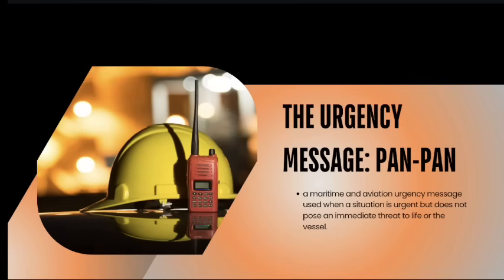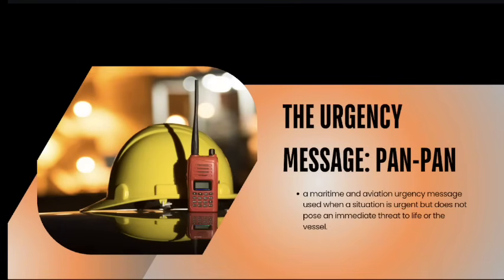So now I have another emergency message, which is the pan-pan. This one is the maritime and aviation urgency message used when a situation is urgent but does not pose an immediate threat to life or the vessel.